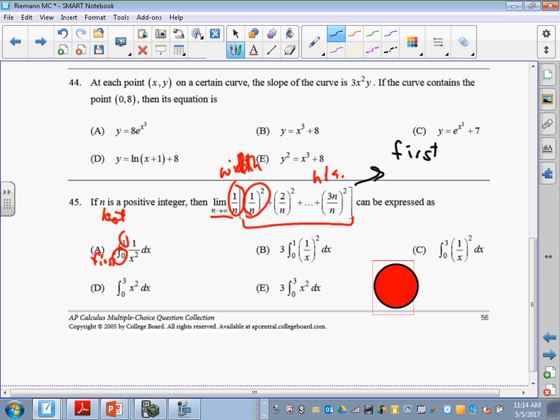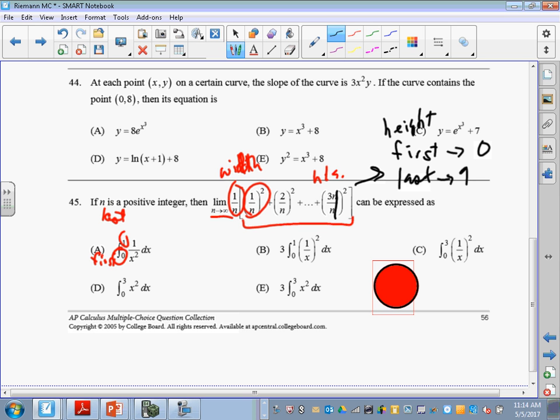So the first one is going to be 0. Okay? I'm going to go back and fix that in just a second. What is our last height going to be? 9. And I'll fix that as well, because n divided by n is 1. So the last height is 9.